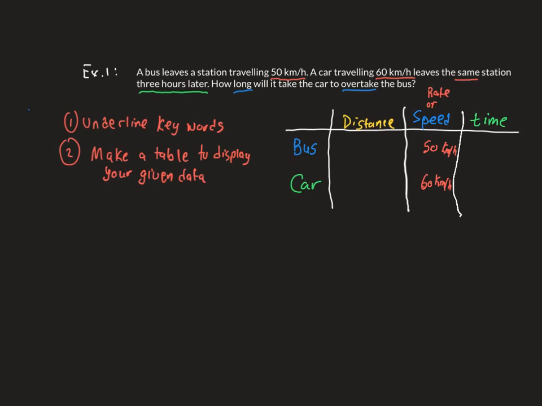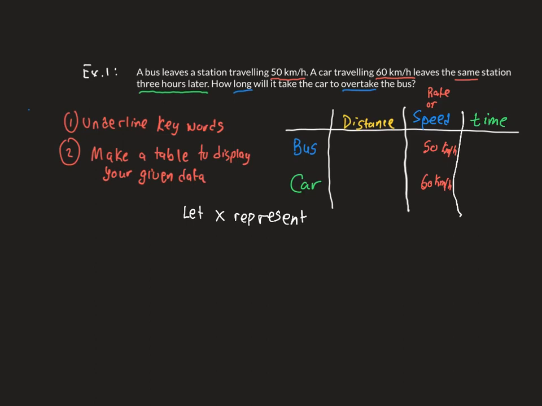So let's make a variable here. And every single time you're doing a word problem, you want to make a variable. So you want to say let x represent, and you usually want to make it represent your unknown.